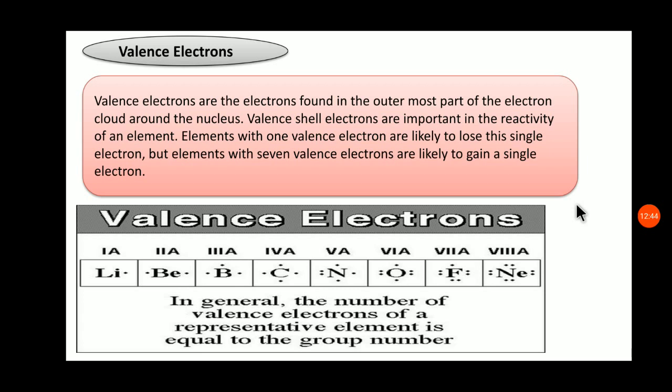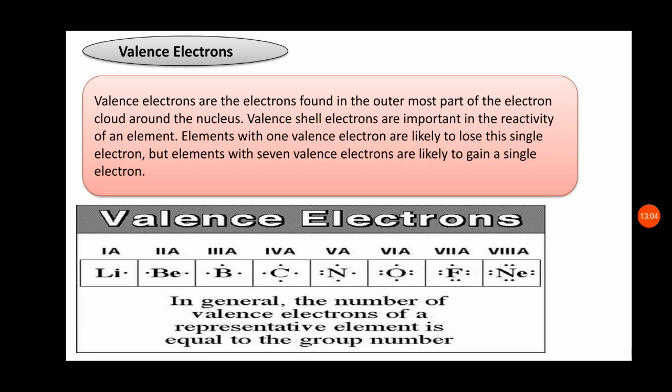The next goes to valence electrons. Valence electrons are the electrons found in the outermost part of the electron clouds around the nucleus. Valence shell electrons are important in the reactivity of an element.